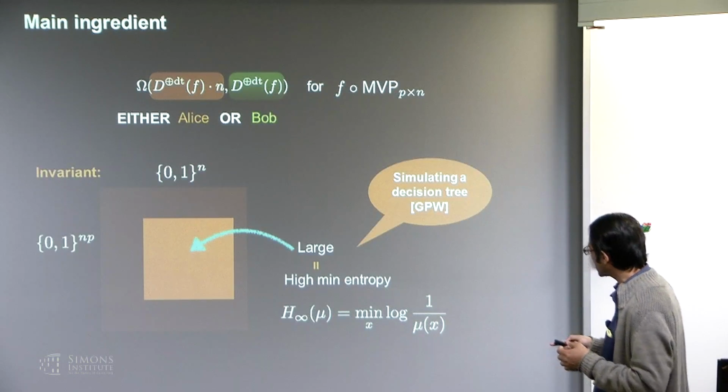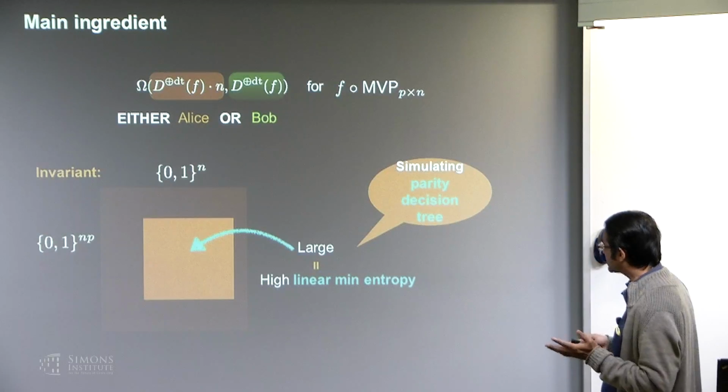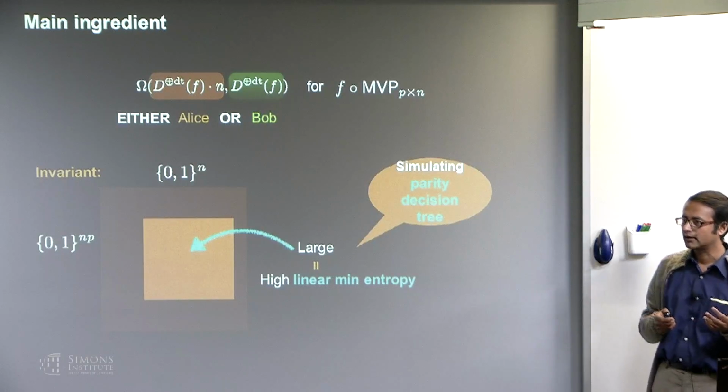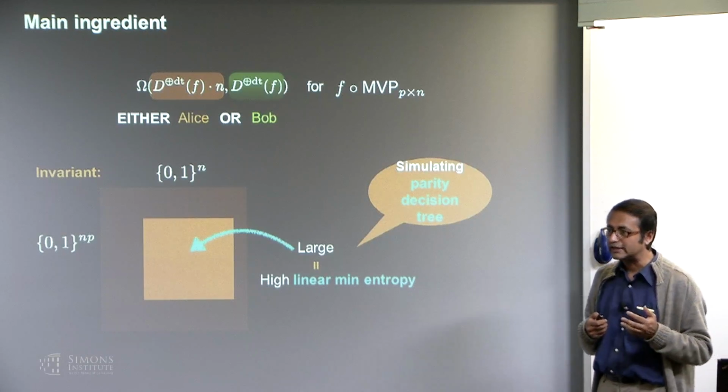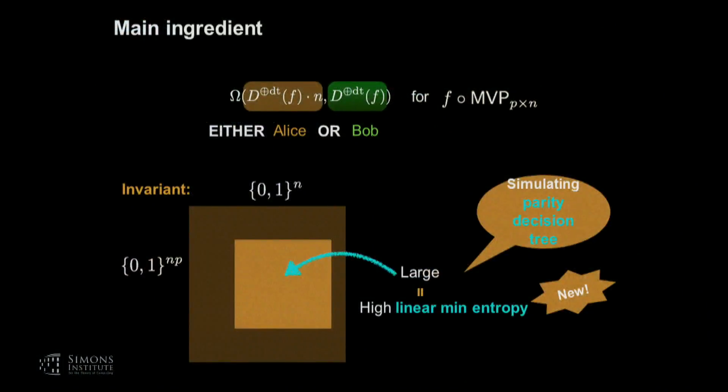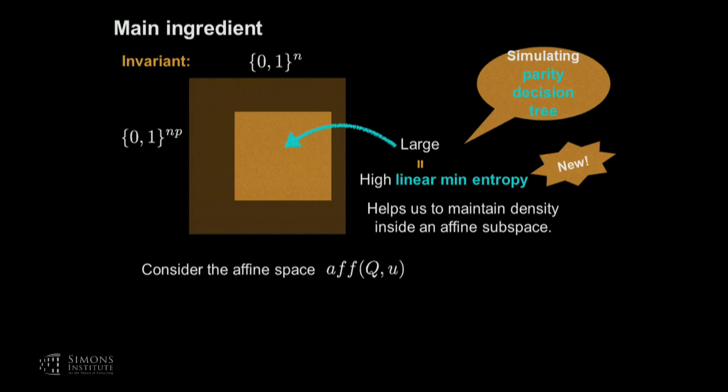So this doesn't work, but a very natural adaptation of this works, which is that instead of looking at min-entropy blockwise, I look at a linear min-entropy. So what is linear min-entropy? This is the novelty in the work. So now I have to look at affine subspaces.